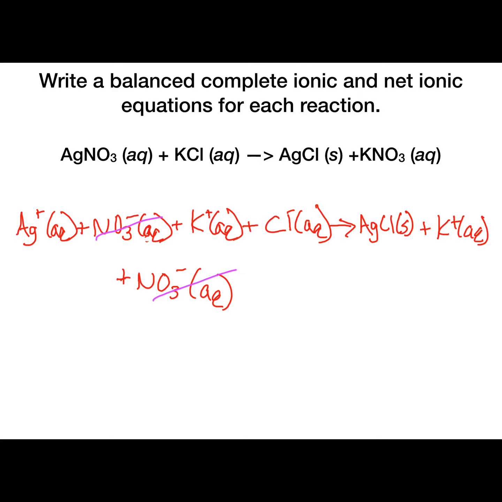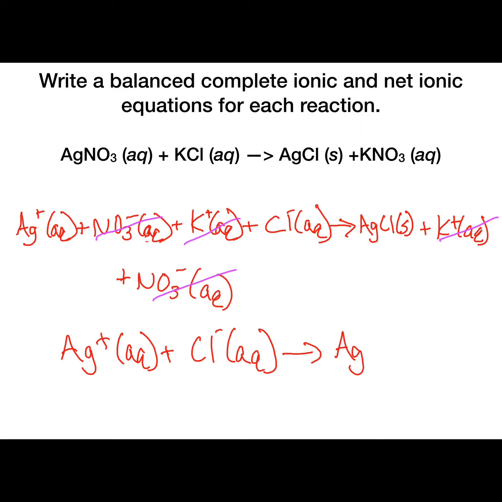And then our potassium also appears on the left and the right. So we are simply left with Ag+ aqueous plus Cl- aqueous yields AgCl solid.